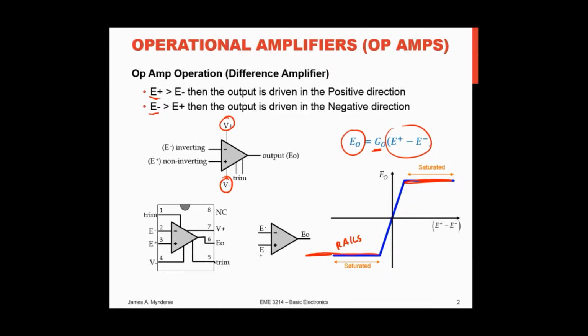So if you're banging against the rails, you're hitting the limits of the circuit based on the power supply that you have. And there's a couple other inputs here where you can trim to compensate for any manufacturing variations. But normally, and here's what it looks like sitting on a chip, that's the 741 op-amp pinout.